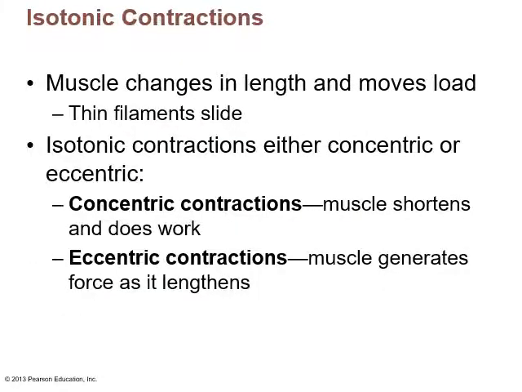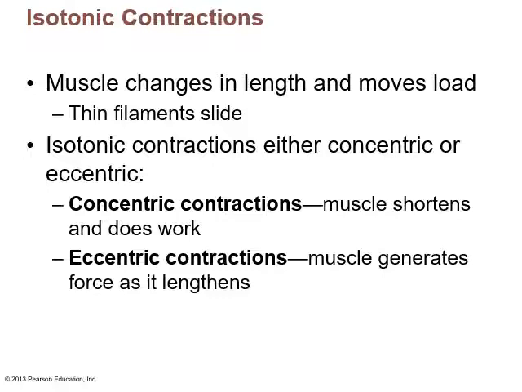So in isotonic contractions, where you actually move the load, the thin filaments slide, and you shorten the sarcomere. There are two types of isotonic contractions, concentric and eccentric. Now, in concentric contractions, the muscle actually shortens and does work, moving the load.